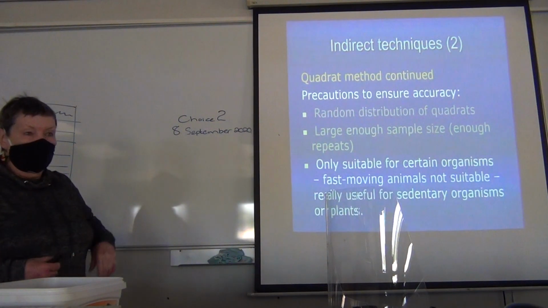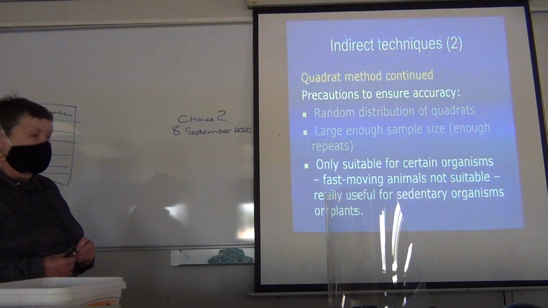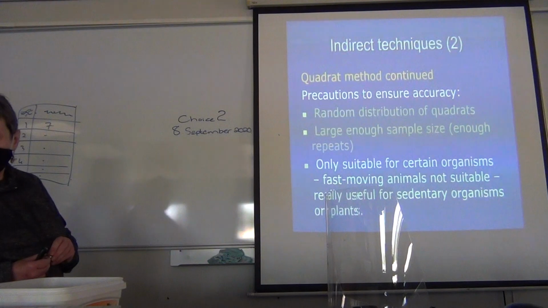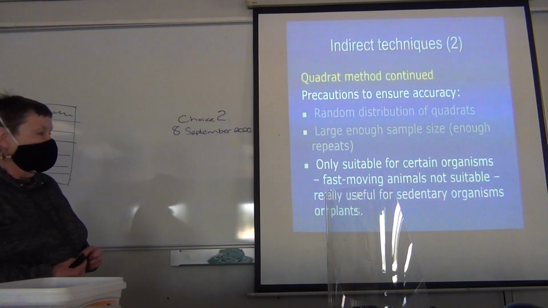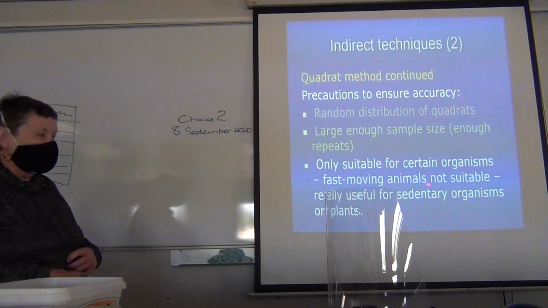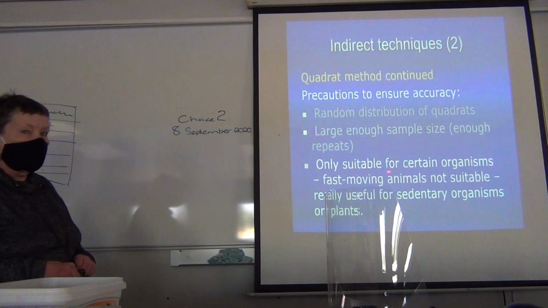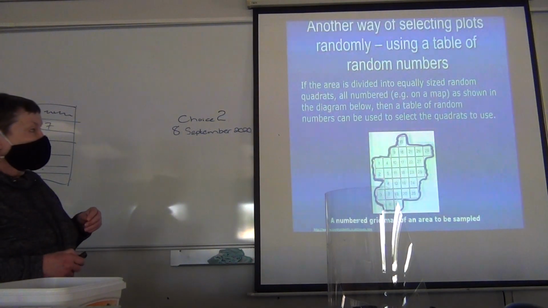And remember, it's only suitable for certain organisms. You would not try and do this for a cheetah. Fast-moving animals are not suitable. It is really useful for sedentary organisms, in other words, attached to something, like a barnacle.